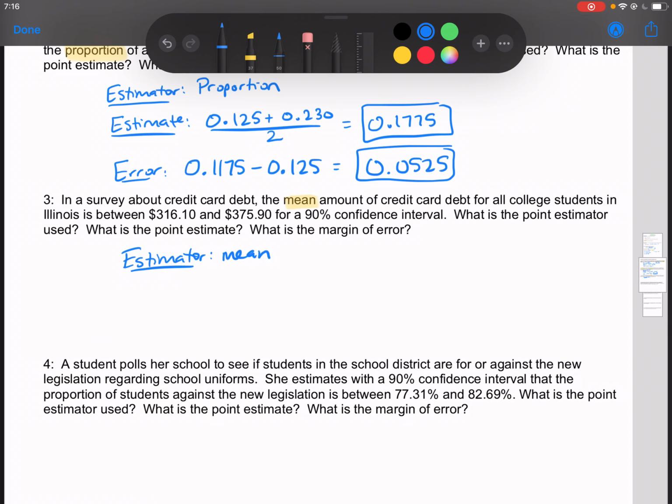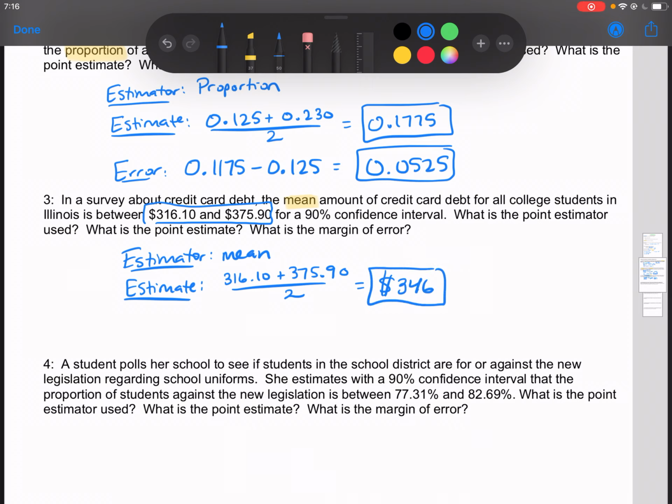The estimate is going to be the exact halfway point of these two values. So if I add 316.10 to 375.9, divide it by 2, and since this is a dollar amount, I'm going to go ahead and keep it in dollar amount. I'll get $346.